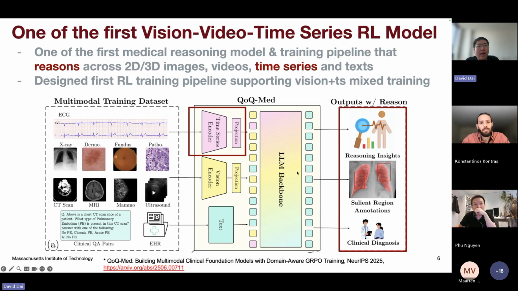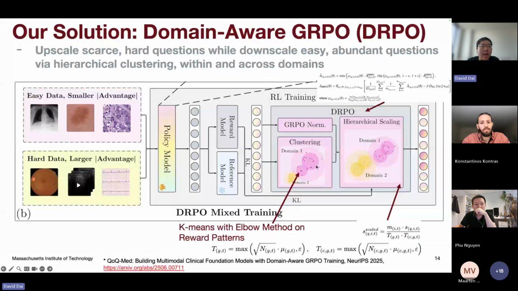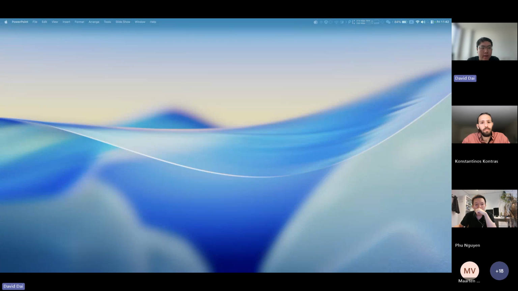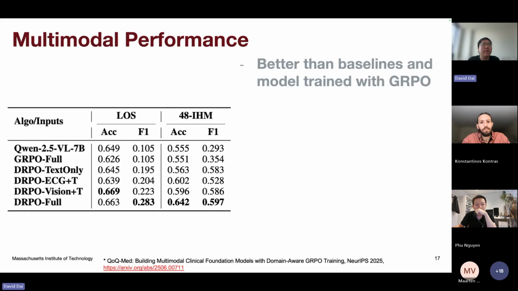Yes, we actually have some experiments on this, which are not on this slide yet. Let me see if I have that over here. So here we have the results on the MIMIC dataset, with ablations on the modalities.